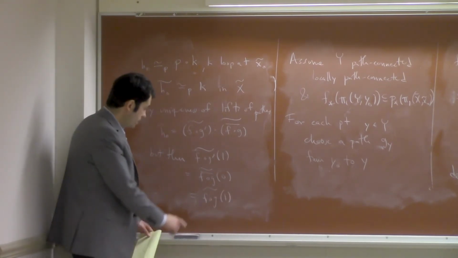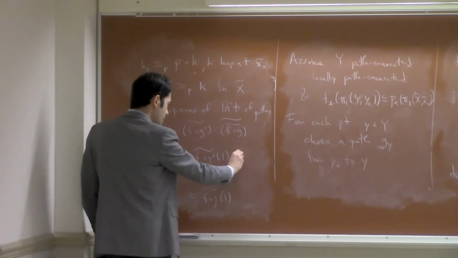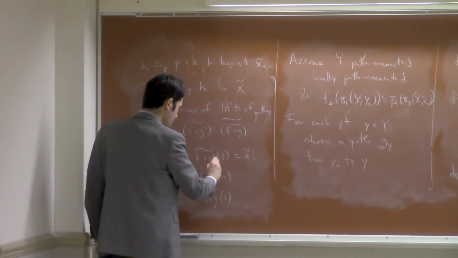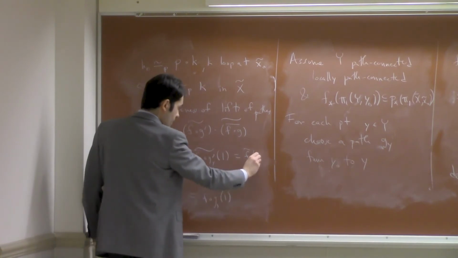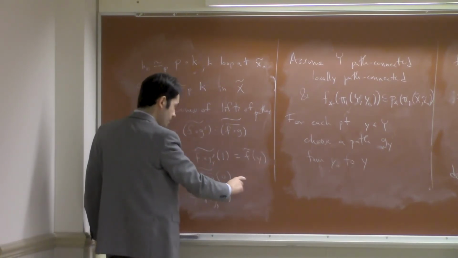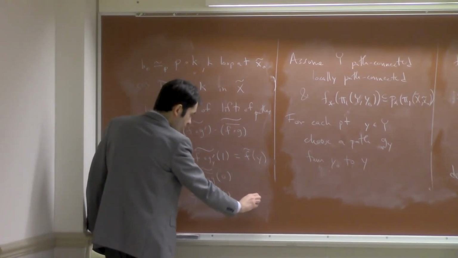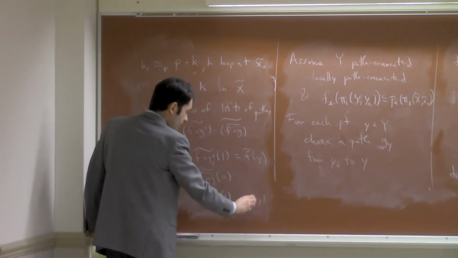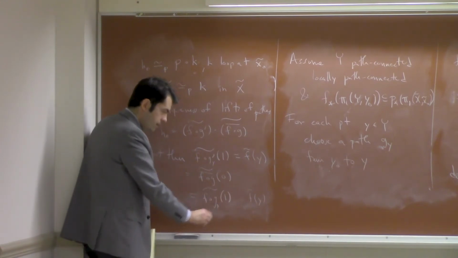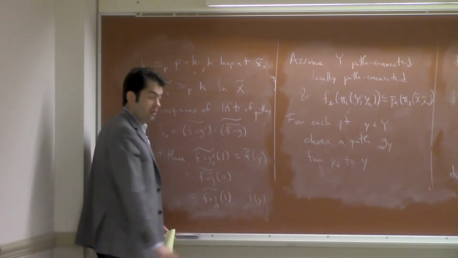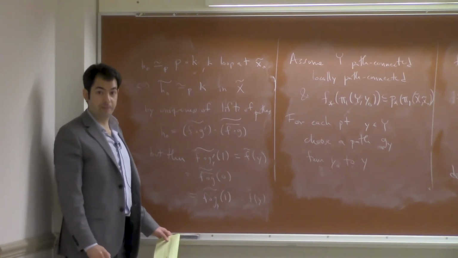And of course, this is how we would have defined f tilde of y if we had used gy prime, and this is how we would have defined f tilde of y if we were using gy. And so this shows that it doesn't matter which one we use, we get the same definition of f tilde of y.